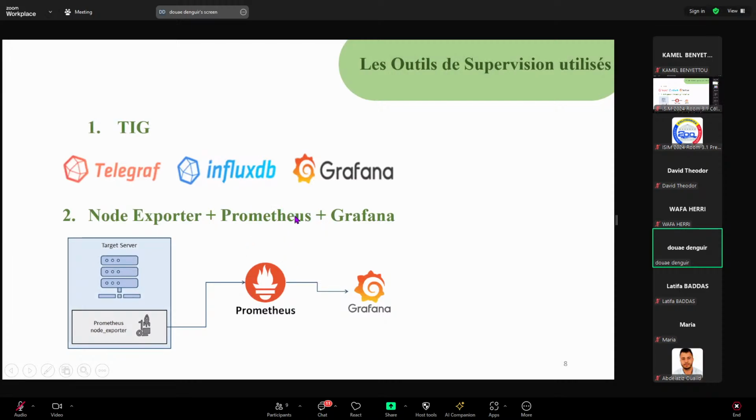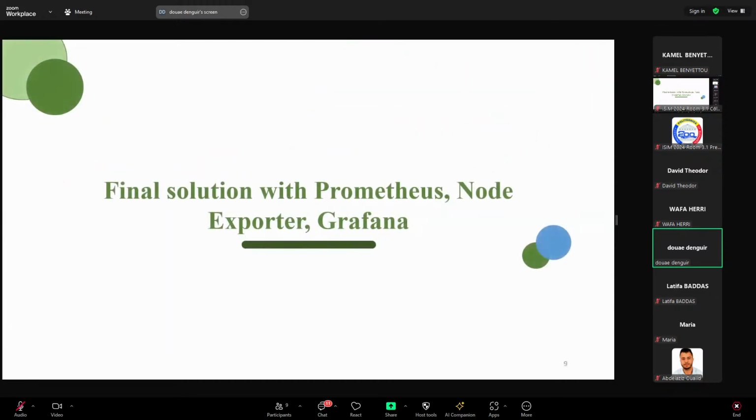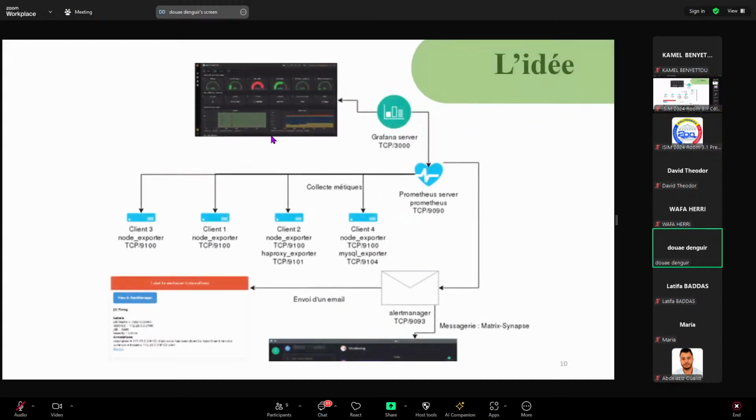And then, to explain my idea for the project, how it's going to work and how we ensure this visualization, here is this illustration.